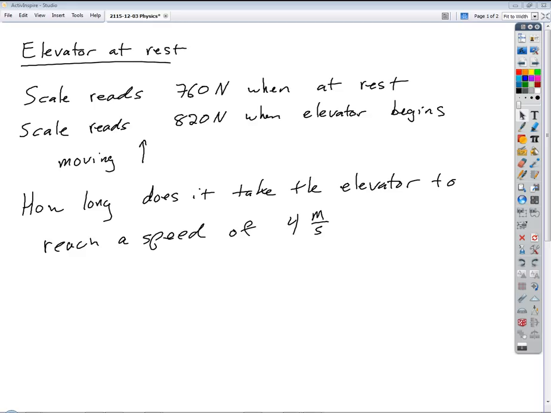All right, so talk to me about this then. We know when the elevator is at rest, the person standing on a scale gets a reading of 760 newtons. Okay, what's a newton? It's just a unit of force, isn't it? Now, we're not used to that unit. Whenever we talk about forces, almost always, what unit do we use?